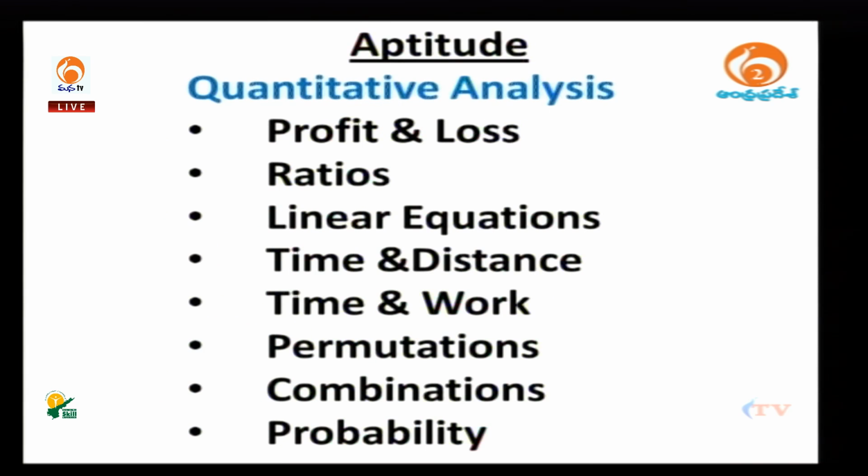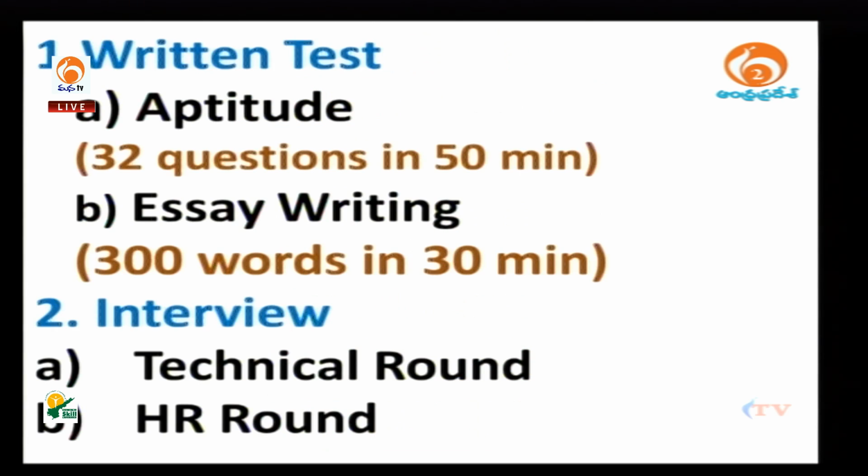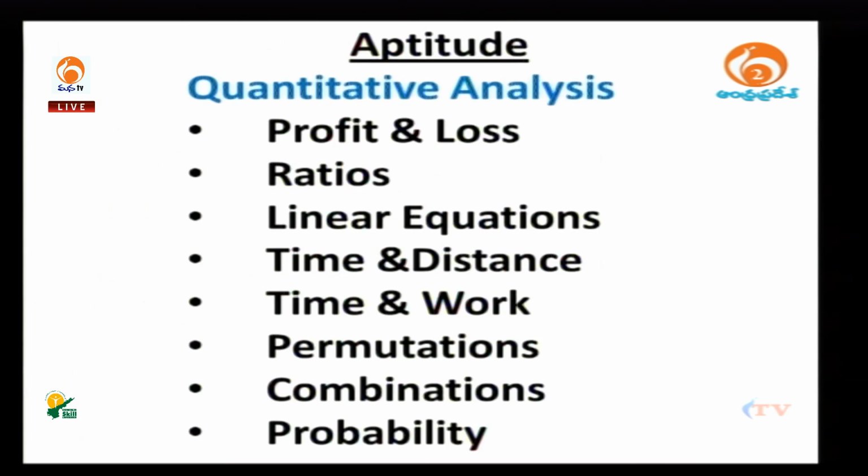Each of these sections will have 16 questions each. So 16 into 2 makes it 32. So 32 questions you need to answer in 50 minutes. Once that 50-minute time is up, the system will switch over to another page where you need to write an essay.